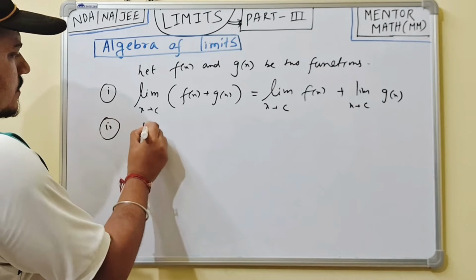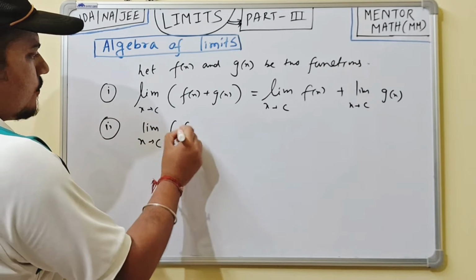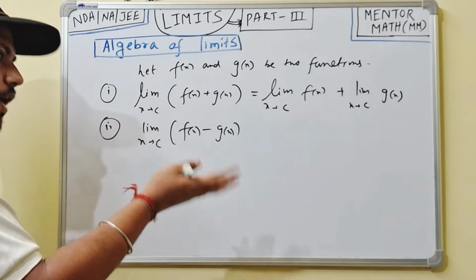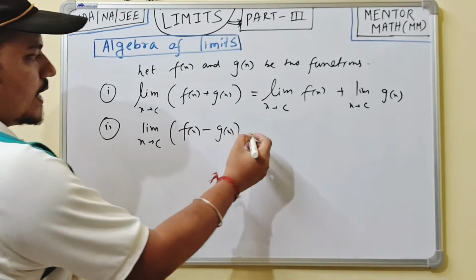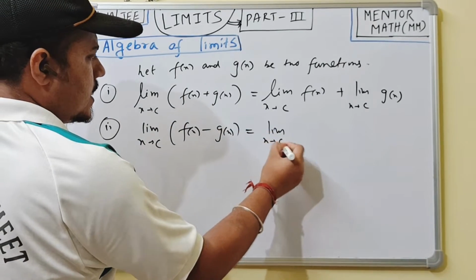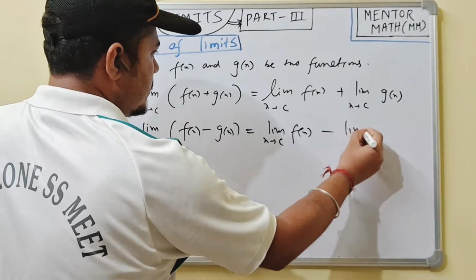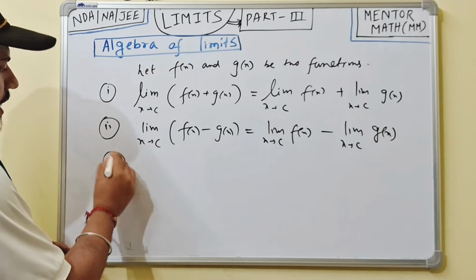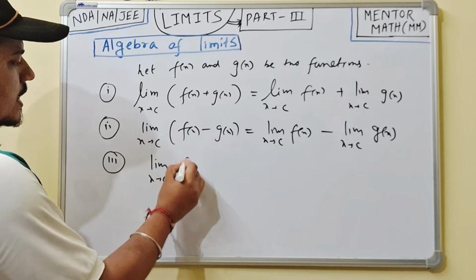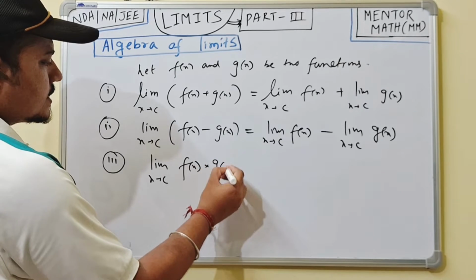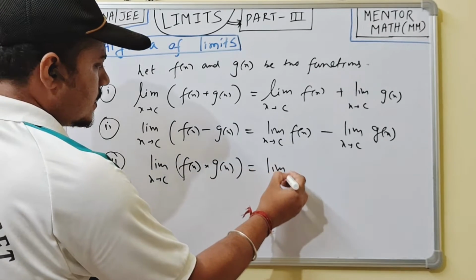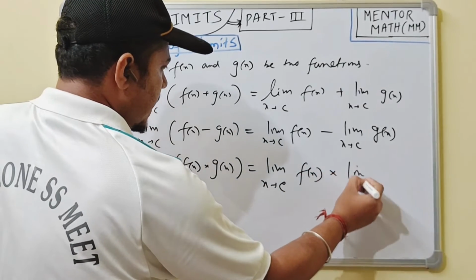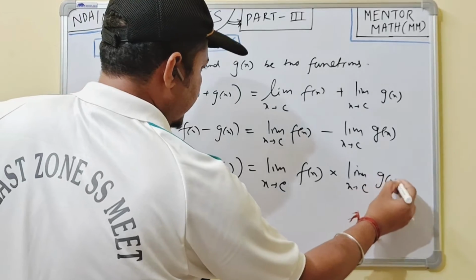Similarly for subtraction, limit x tends to c of f(x) minus g(x) equals limit x tends to c of f(x) minus limit x tends to c of g(x). For multiplication, limit x tends to c of f(x) times g(x) equals limit x tends to c of f(x) times limit x tends to c of g(x).